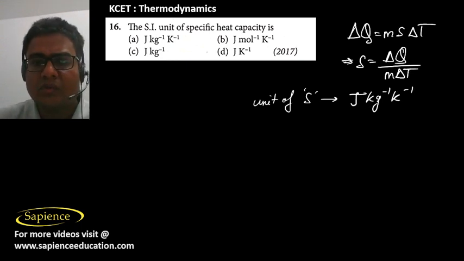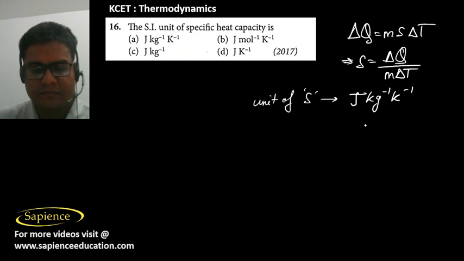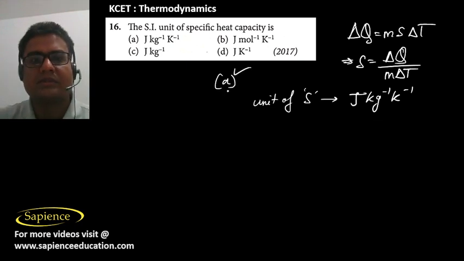So that is joule per kg per Kelvin. So option A is the correct answer.